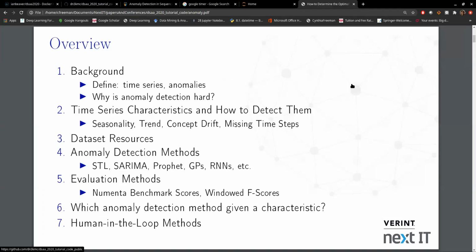So to begin tackling this problem, we need to understand some background material first. And we'll start with defining terminology like what even is an anomaly and why this problem is so difficult.